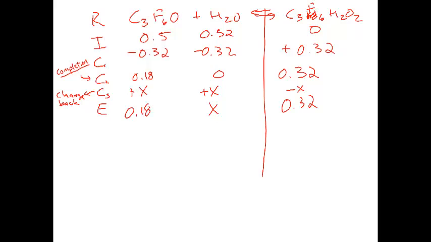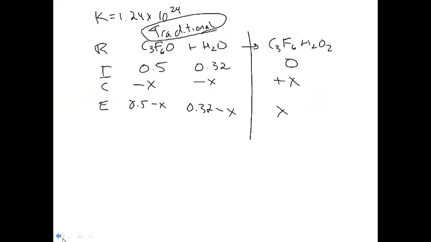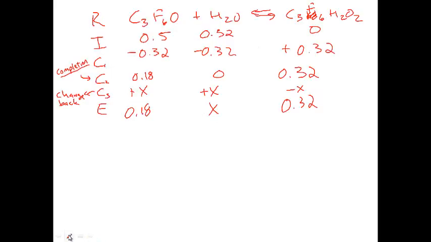So now I finally can use my K value. 1.24 times 10 to the 24th equals 0.32 over 0.18x. So solve for x.